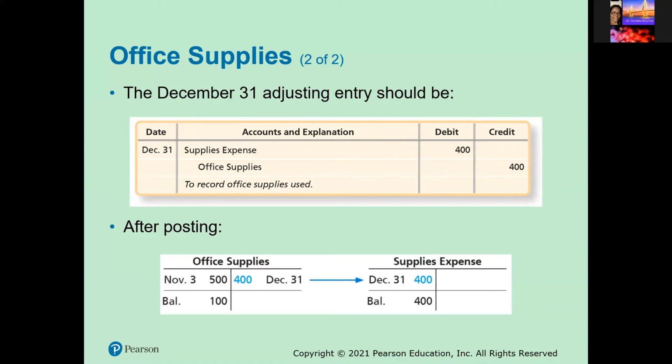The office supplies account then enters January with a $100 balance. If the adjusting entry for office supplies had not been recorded, the asset would have been overstated and supplies expense would have been understated.